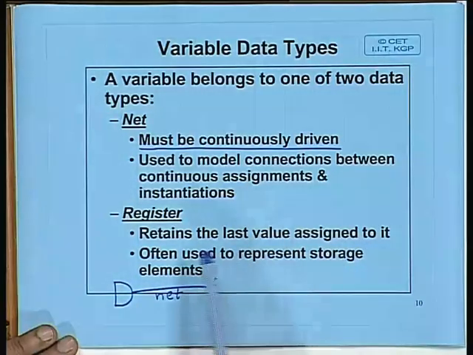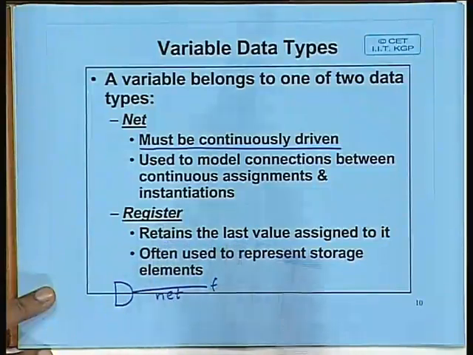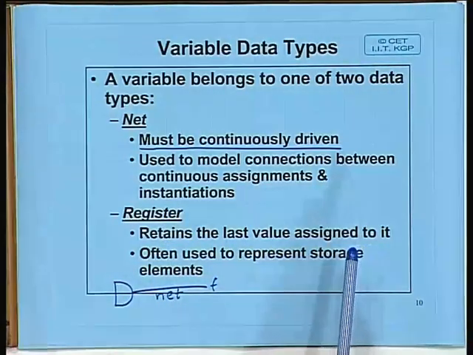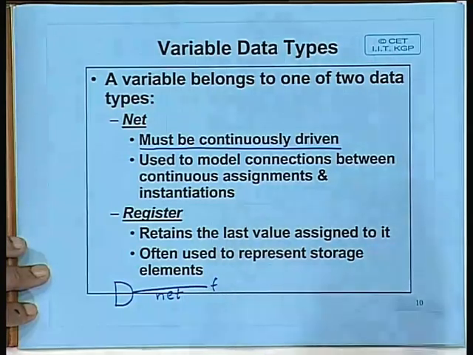But you will see later, it is not necessary that it always will retain, because the synthesizer, at the time of optimizing, may see that a register is really not required, and we can use it as a net variable also. Those kinds of optimizations can be done. We will see it later. But by definition, a register variable is one which is supposed to retain the last value assigned to it. That means there has to be some storage facility there. So this is used to represent storage elements typically.